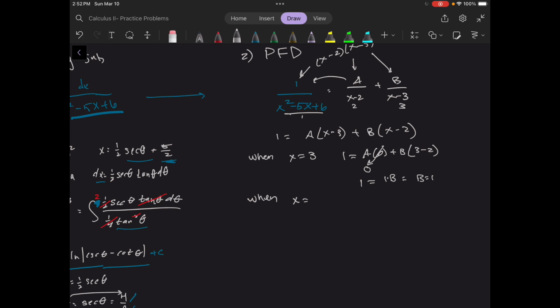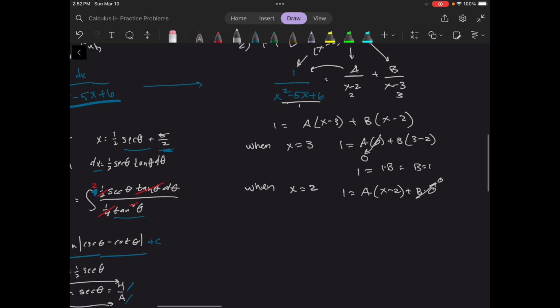When x equals 2, for example, 1 equals a times x minus 2 plus b times 0. And this term obviously drops out. And I forgot to plug in. I used the wrong factor. A times 2 minus 3 is negative a.